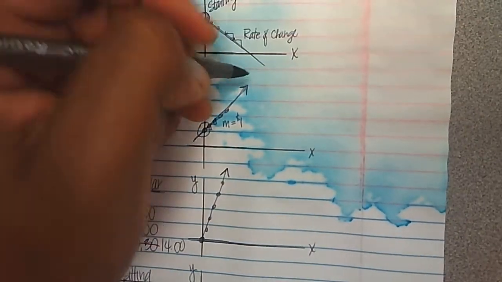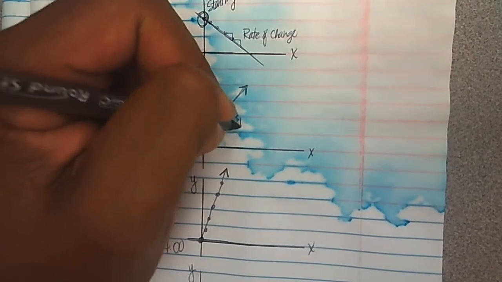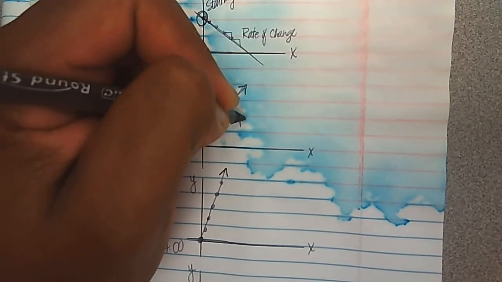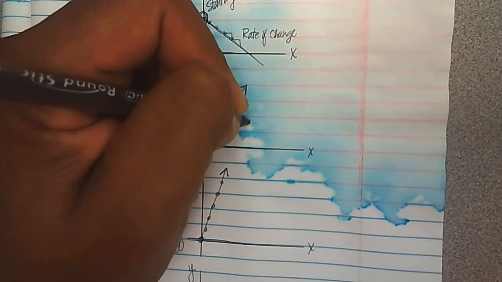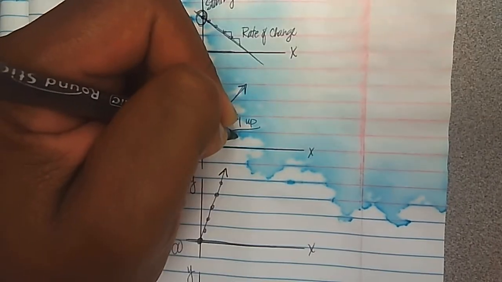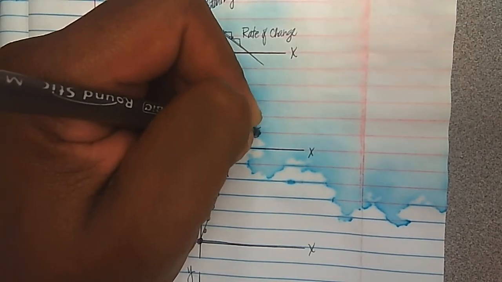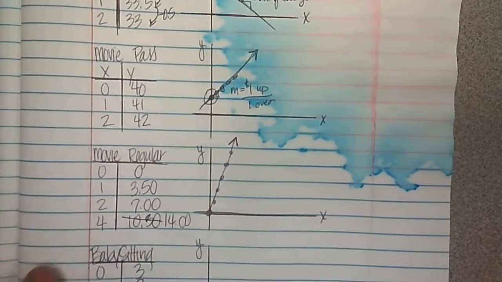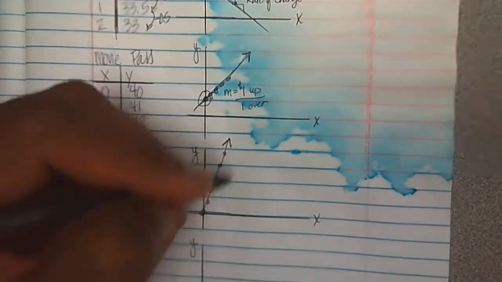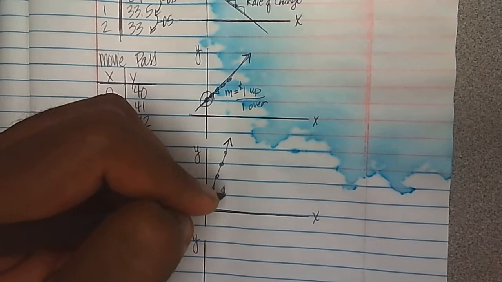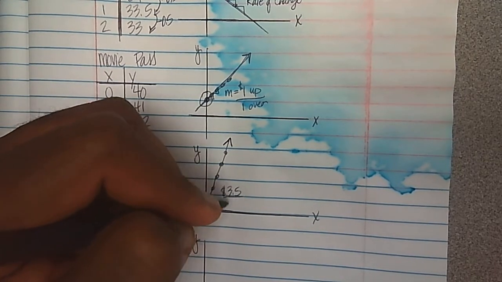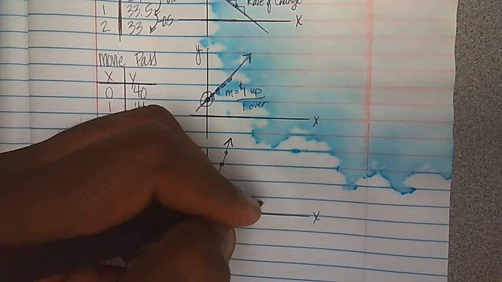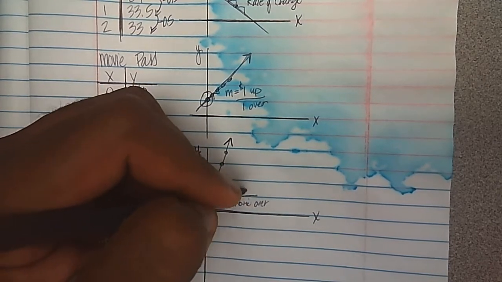So for every movie, you went up $1. Up, over. That was what happened. Whereas on the regular movie theater, you went up $3 for every one movie. One movie over, $3 up.